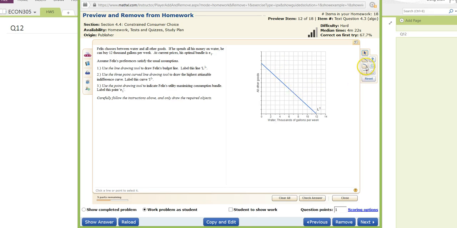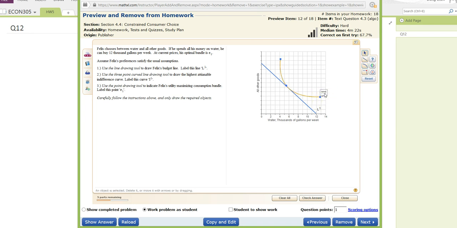So the first point, the second point is here, and the third point.